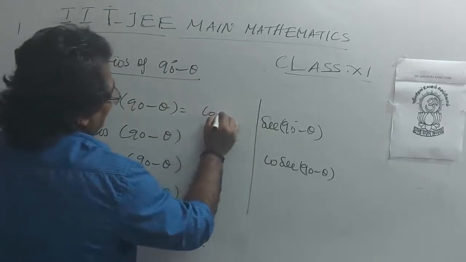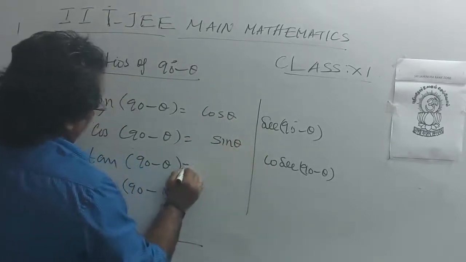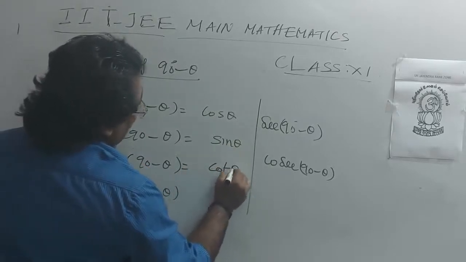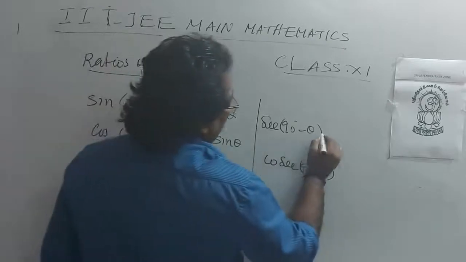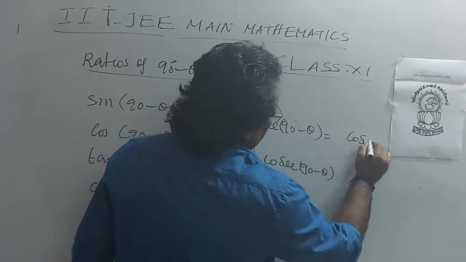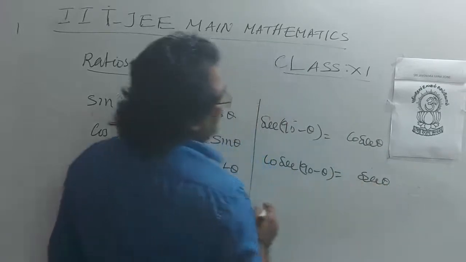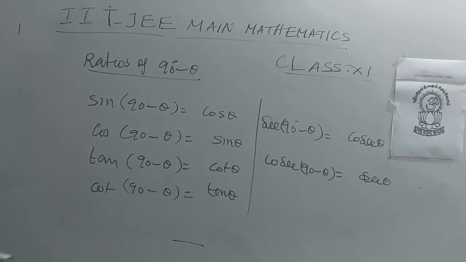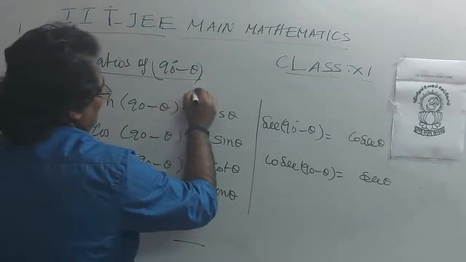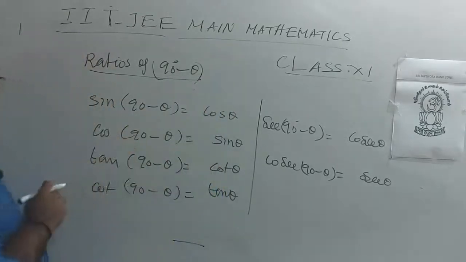Sin 90 minus theta is cos theta, cos is sin theta, tan is cot theta, cot is tan theta, secant 90 minus theta is cosecant theta, cosecant is secant theta. 90 minus theta lies in first quadrant. Here theta lies between 0 and 90.